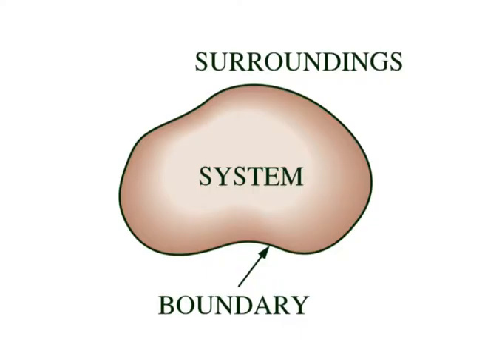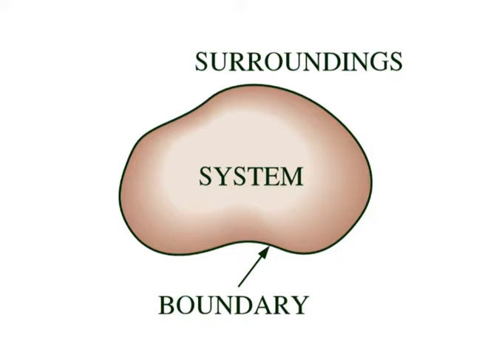Systems. A system is defined as a quantity of matter or a region in space chosen for study. The mass or region outside the system is called the surroundings. The real or imaginary surface that separates the system from its surroundings is called the boundary.